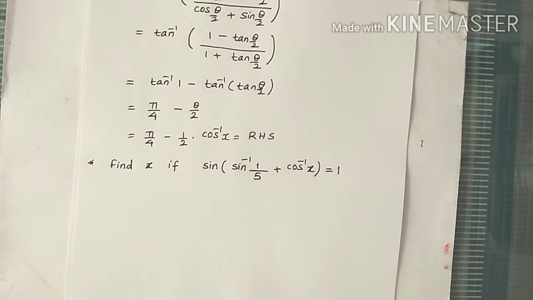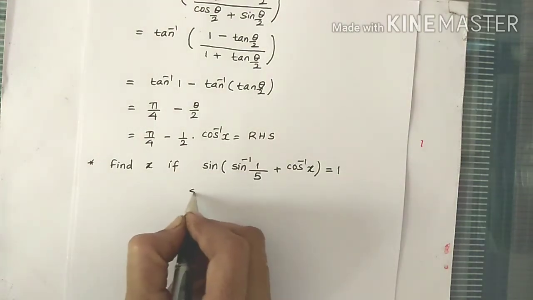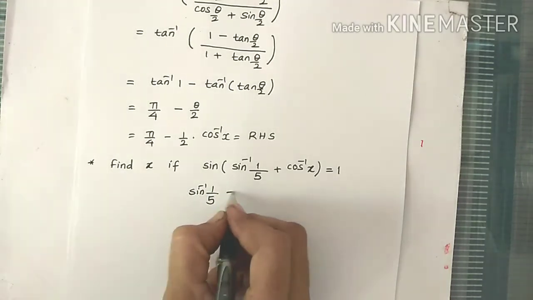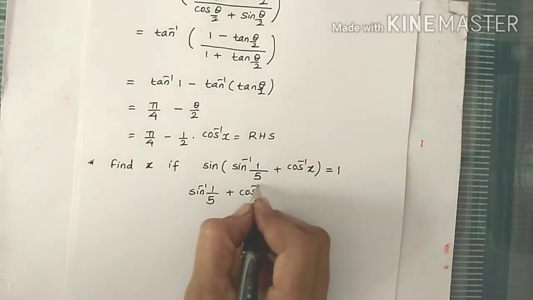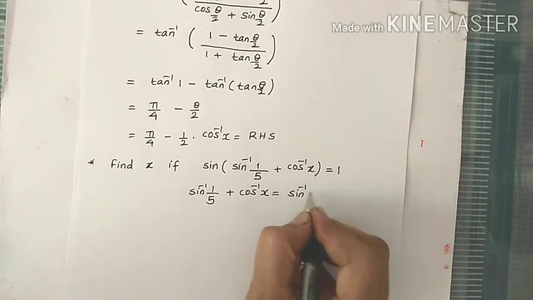Next question is find x, if sine inverse 1 by 5 plus cos inverse x is equal to 1. Now here the question is finding the value of x. So let's write this 1 as sine inverse on the right hand side. So this becomes sine inverse of 1 by 5 plus cos inverse of x is equal to sine inverse of 1.